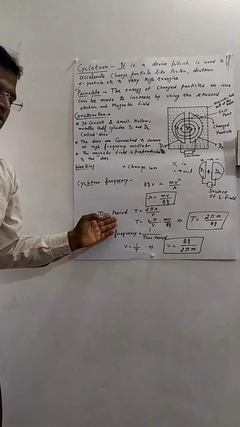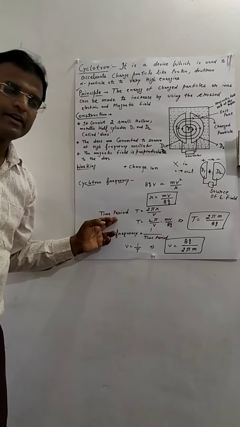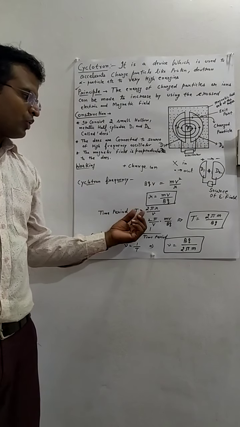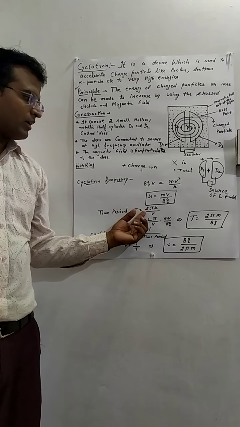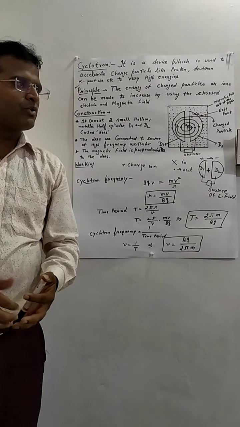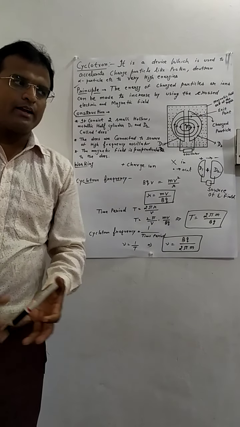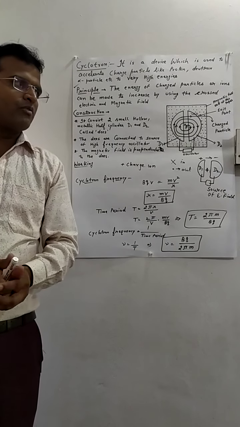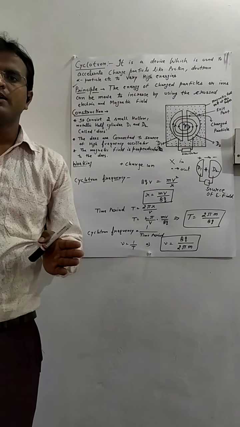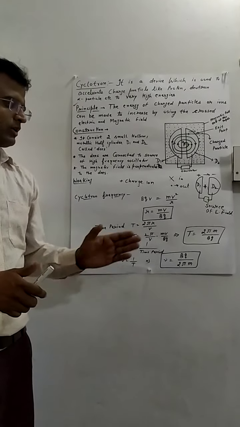First, calculate the value of the time period. Using the formula, velocity equals total distance by time, where the distance is one circular path, the circumference of the circle, divided by the total time taken.